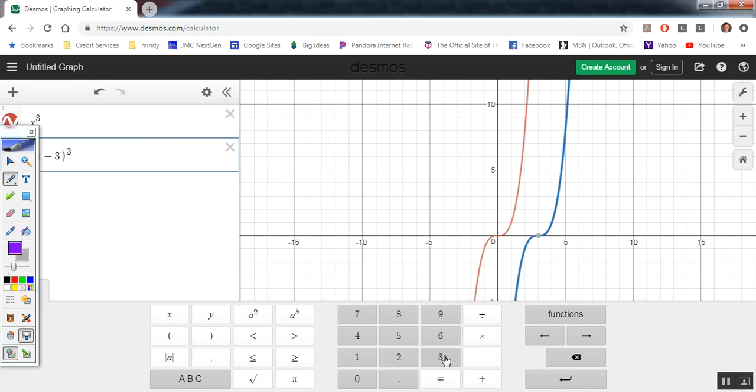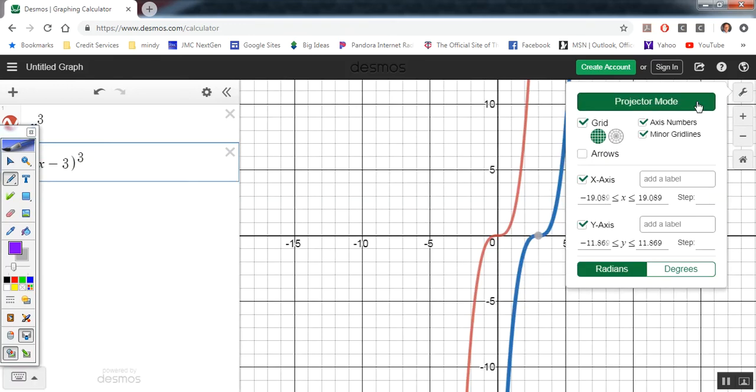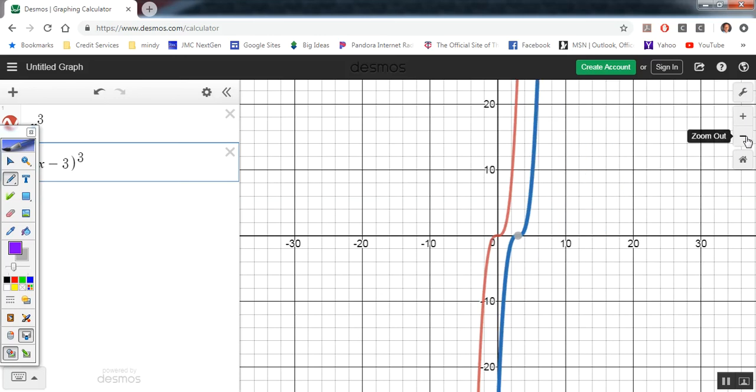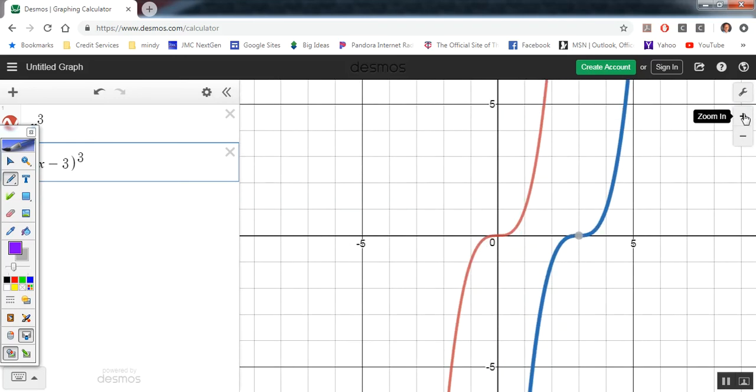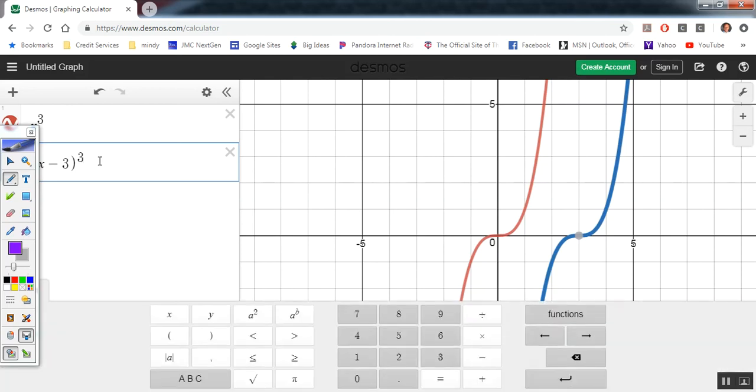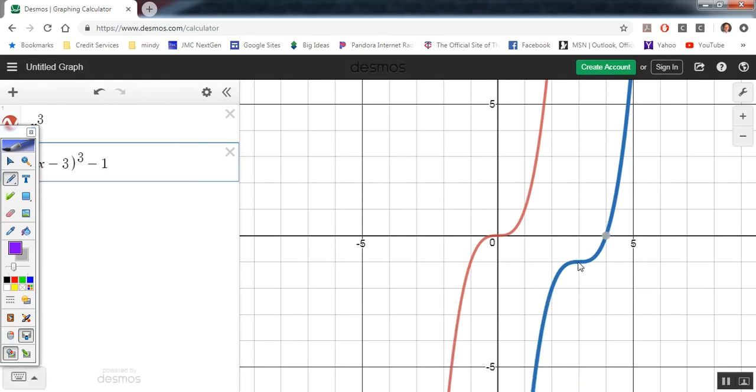We'll take a look. Well, that point moved right 1, 2, 3. That looks about right, doesn't it? Then we have a minus 1 here, so I should take this and shift it down 1. Has this point right here gone right 3 and down 1 to get here? At that value right about there? I'd say it has.